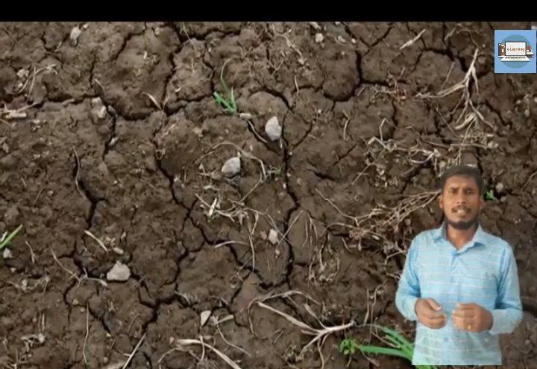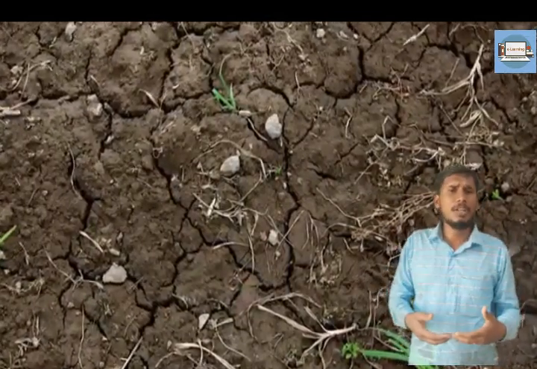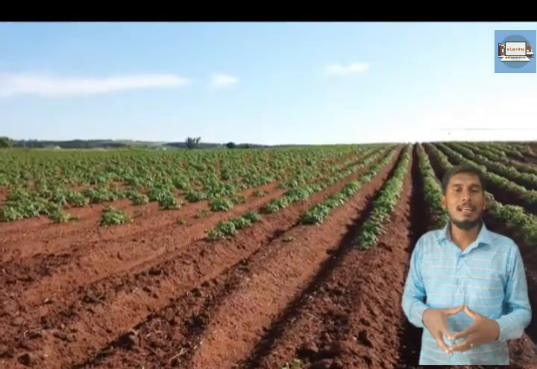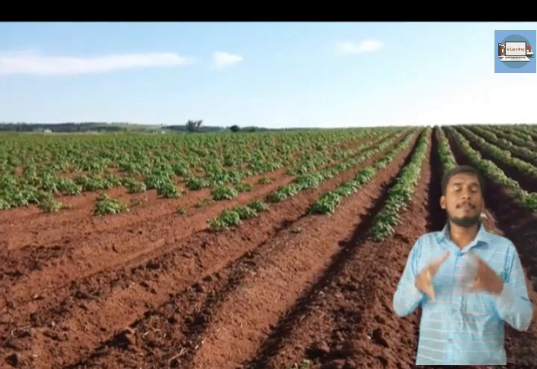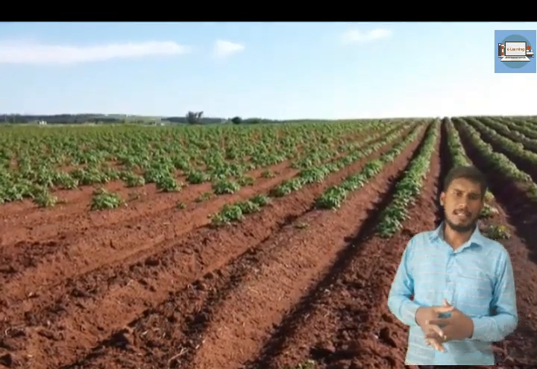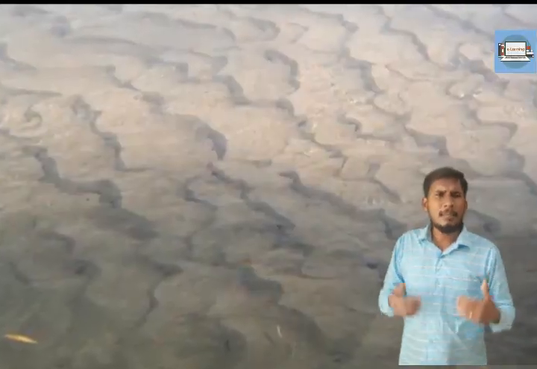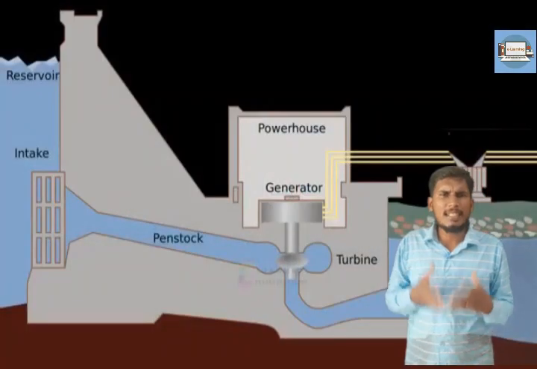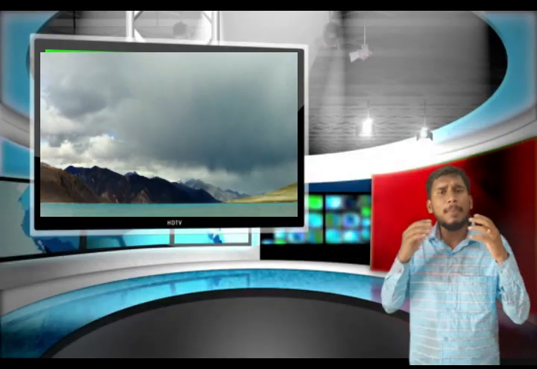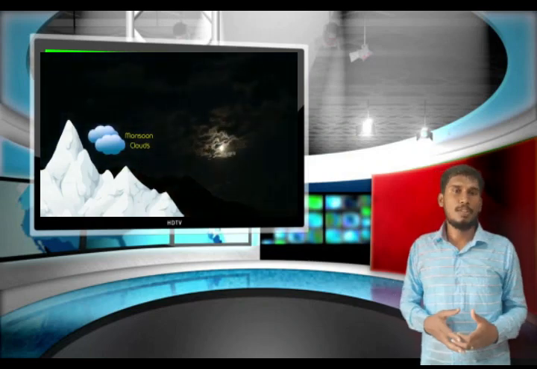The soil is filled with fertile silt, and it becomes a suitable land for agricultural practices. At the same time, it is very useful for hydroelectricity generation. These are all the advantages and importance of the Himalayas or the northern mountains.